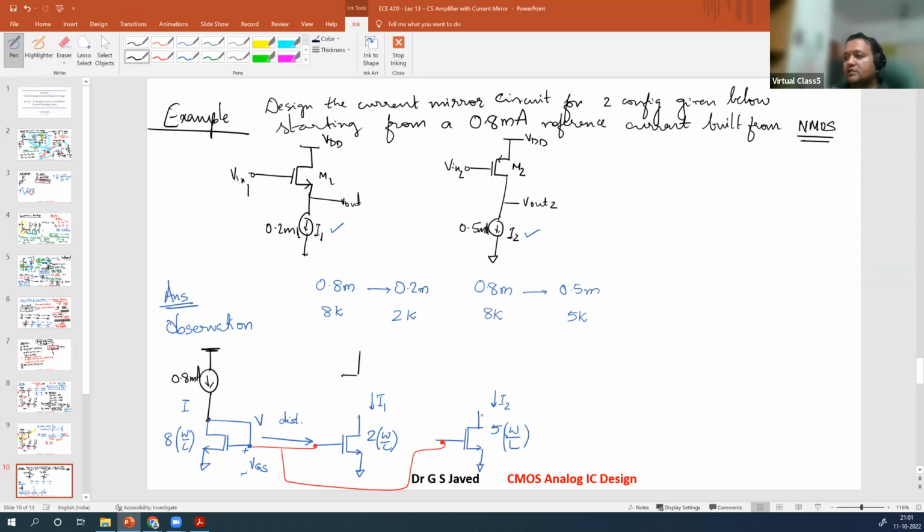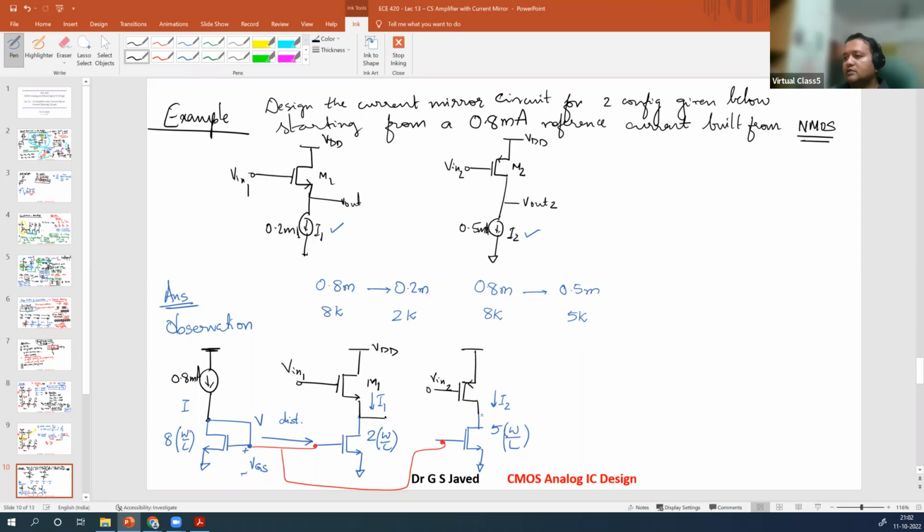The rest of the circuit is, this is an NMOS device, M1, VDD. Here you have Vin1. And current, complete this circuit. This is a PMOS device with a load given here, Vin2.